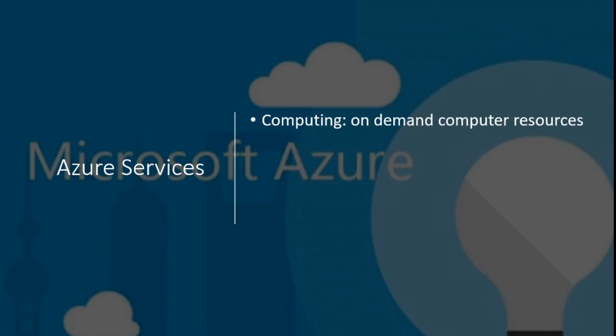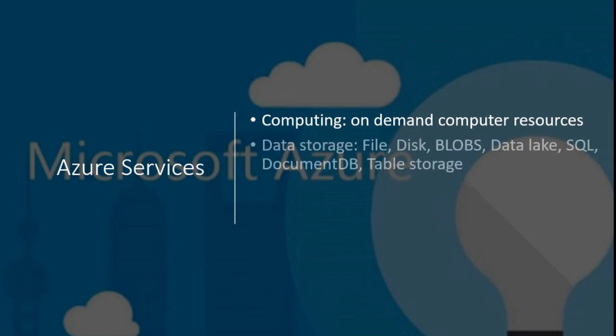There are numerous services available in Azure which are updated on a daily basis. Besides, new services are added regularly. However, I'll highlight some services considering our machine learning. In Azure, you have an option to have on-demand compute resources. You can scale up or change the plan at any point based on your requirement.